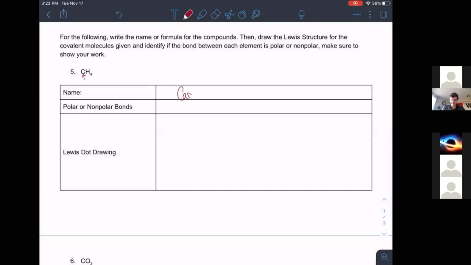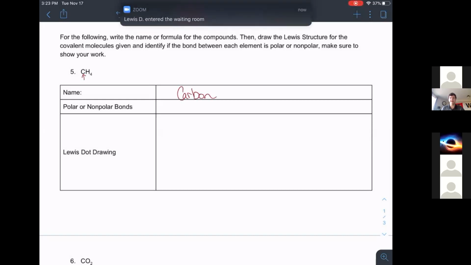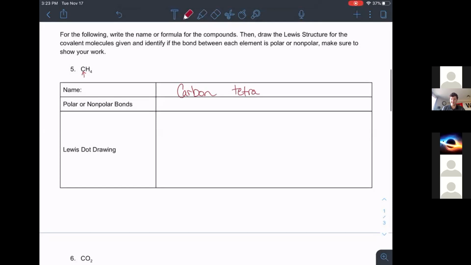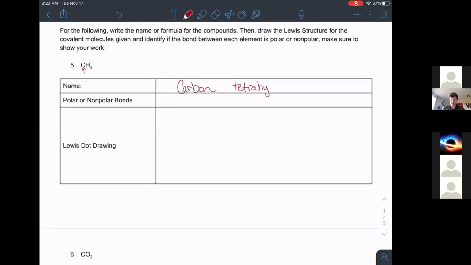And then there are four hydrogens, which means it's going to be tetra for four, and hydrogen turns into hydride. So carbon tetrahydride, that first one.